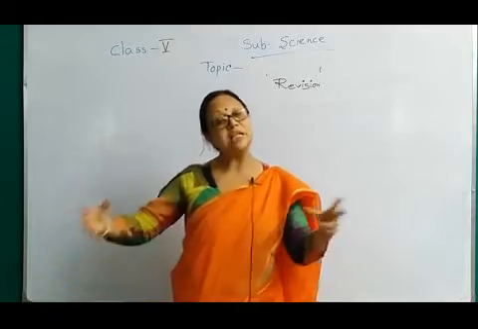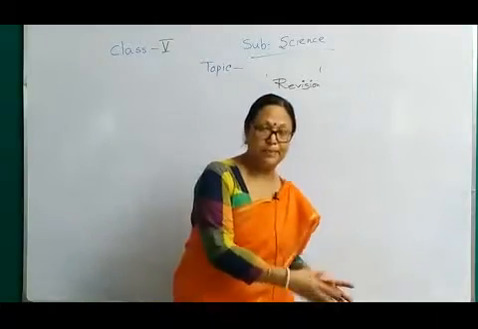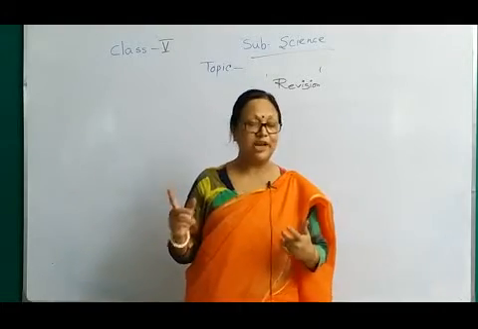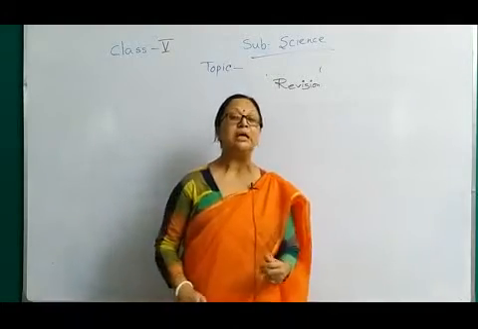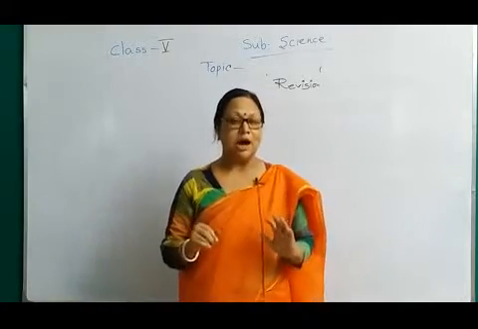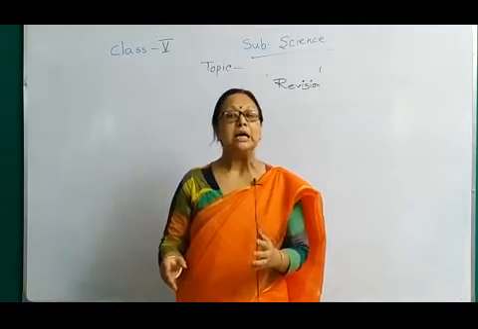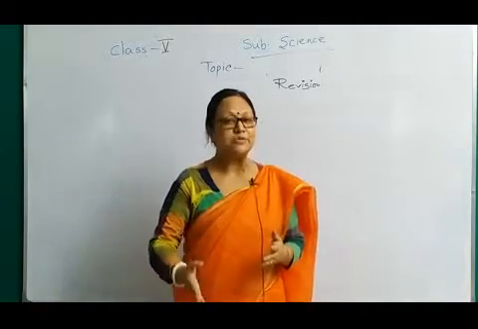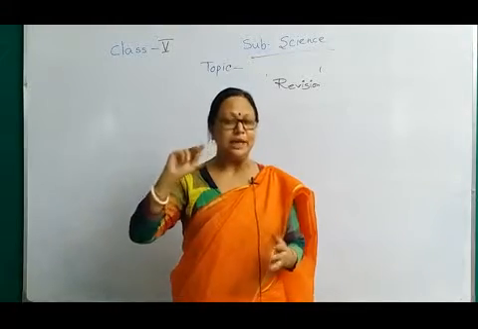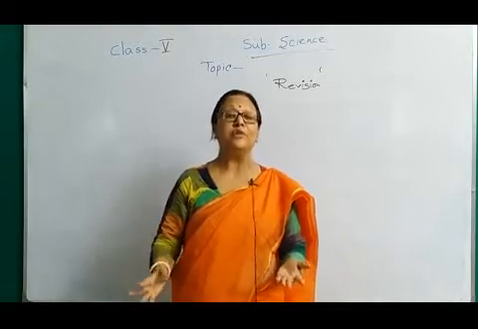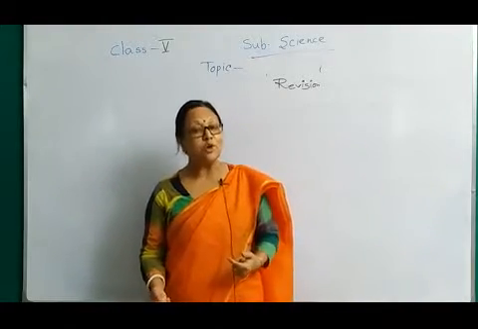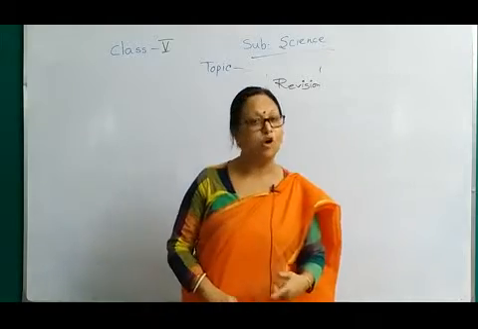Because if all seeds gather in one place, if all seeds become crowded within one place, then what will happen? Suppose we take one example: if one cake is given in your class and all 39 students have to take pieces from the same cake, what will happen? You will get a very small piece. Maybe you will crave more cake, but you will not get it, so this will not be sufficient for all the students.